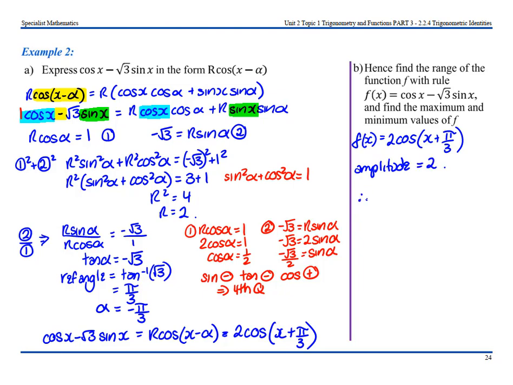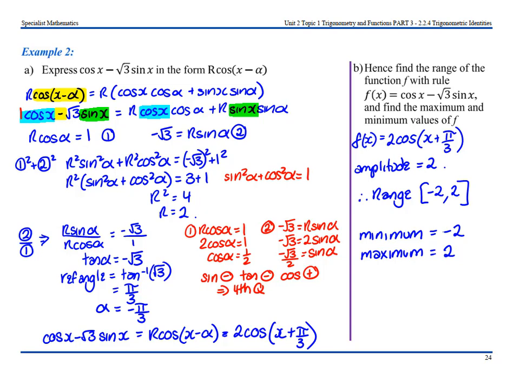So therefore, my range is from negative 2 to 2. My minimum value is going to be negative 2. And my maximum value, remember it says maximum values of f, so it's not a coordinate, just minimum and maximum. My maximum is going to be 2.